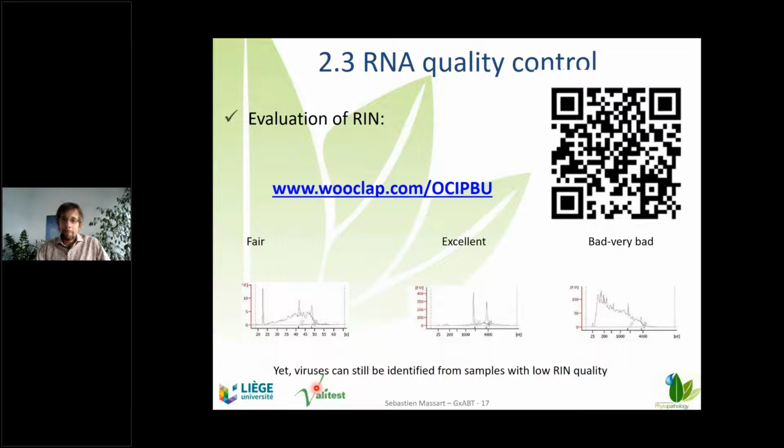First, what is the minimal RIN value for detecting a virus, for example using short-read sequencing like Illumina? There, we had very good results with samples with only a RIN of 2, which means that even if the RNA is degraded, you still have short fragments of the virus, and so you can sequence and detect them.